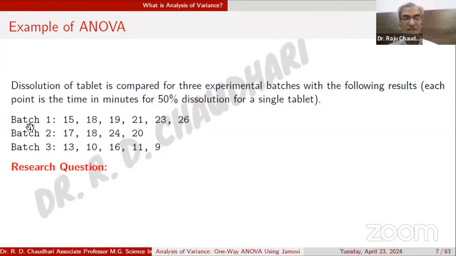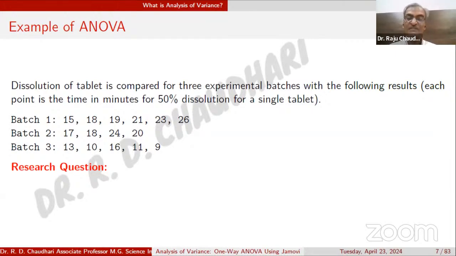But if you look at the first row only, for batch one, even though all the tablets are selected from batch one, still there is a variation in the dissolution time. If you look at the second batch data, all four tablets are taken from the second batch, still there is a variation, right? Looking at batch one, batch two, batch three, we can see there is a variation.